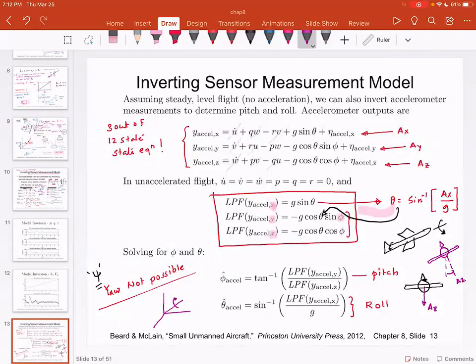But please note, psi is not present. So you can find out roll, you can find out pitch, but in any of these equations, psi or the heading does not come into the picture.